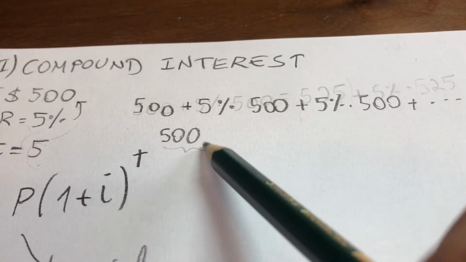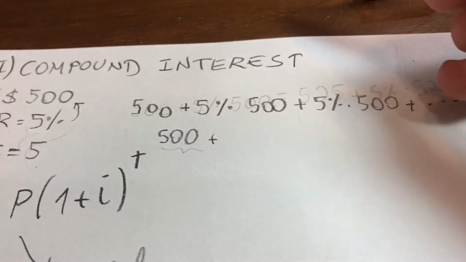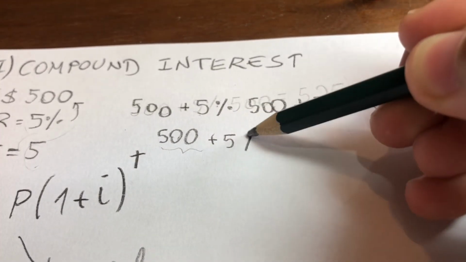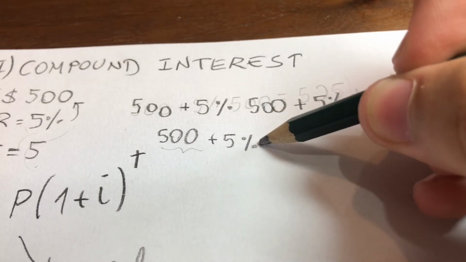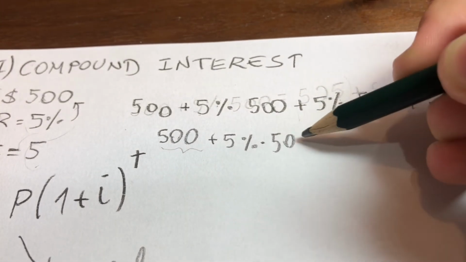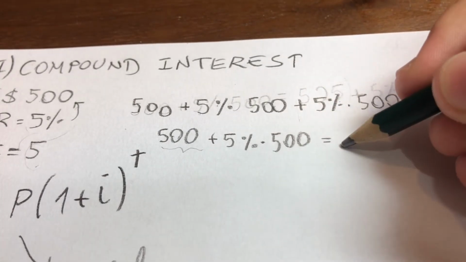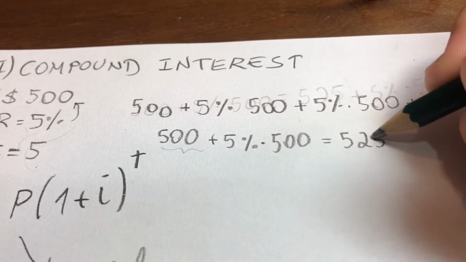I have $500. In the next year, I'm gonna have an increase in the amount I will have to pay of 5% of these $500, resulting in $525.